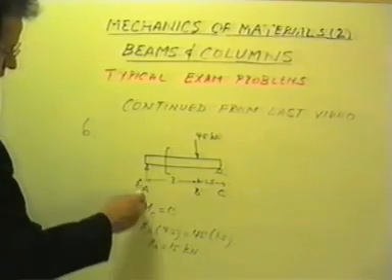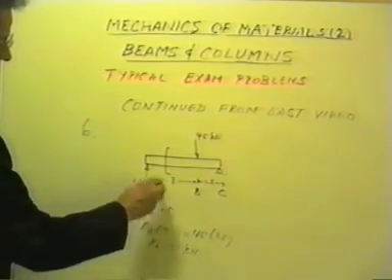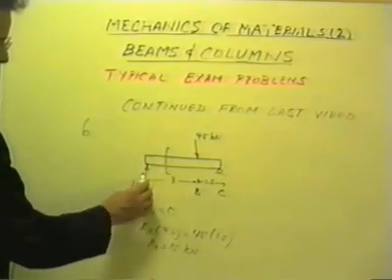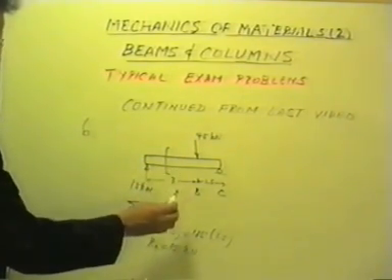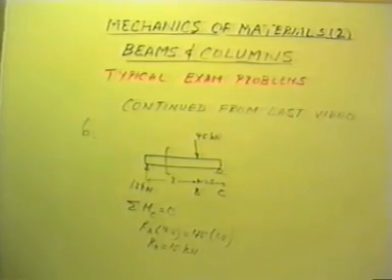If the reaction force is 15 kilonewtons over here, and we're interested in what's happening at this section, then as we move from left to right, the only force that comes into play here is this reactive force of 15 kilonewtons.